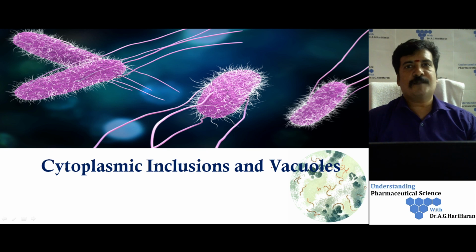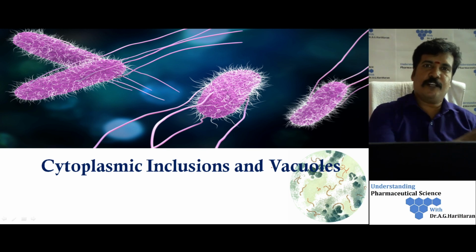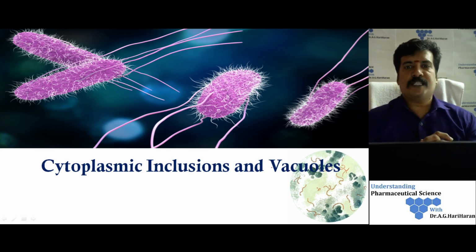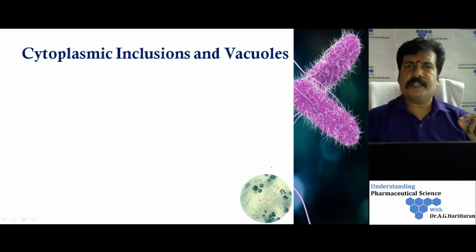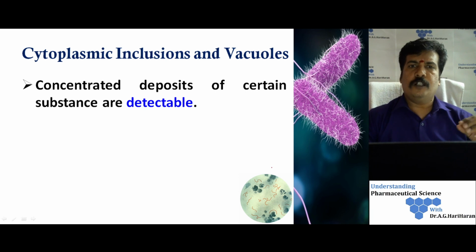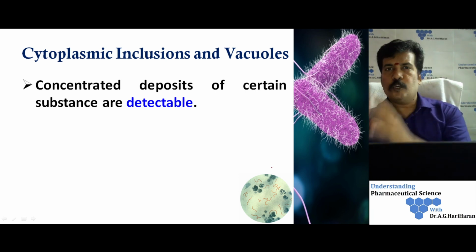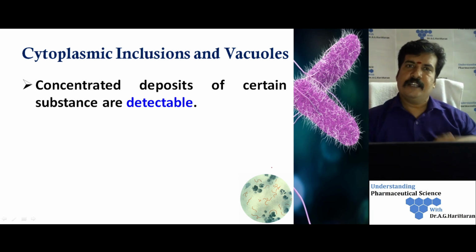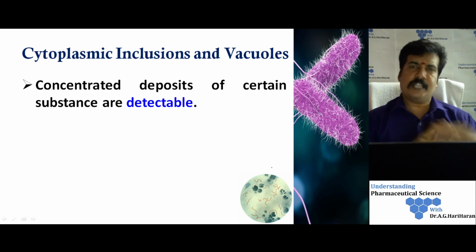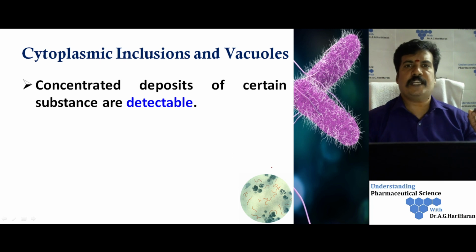The last structure present internal to the cell wall is the cytoplasmic inclusions and vacuoles. These generally work as a storage unit for the bacteria, a concentrated reserve deposit, and can be easily detected with some staining techniques.